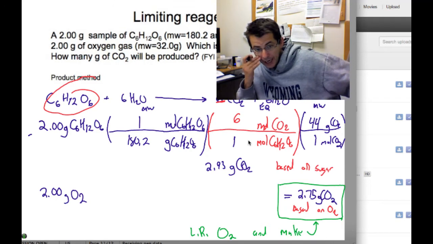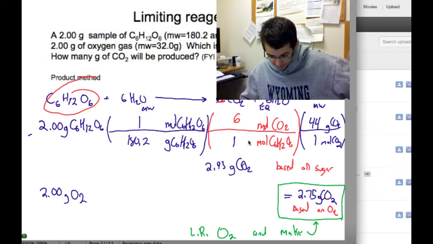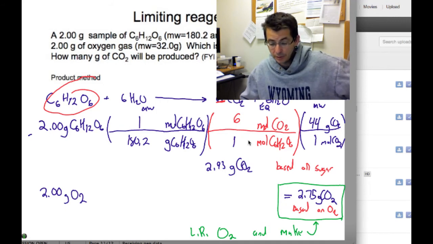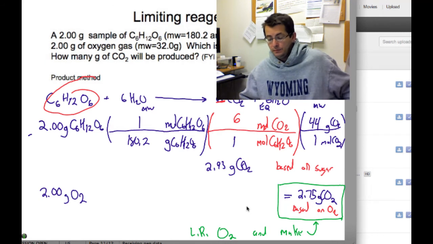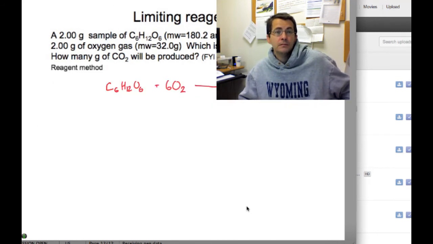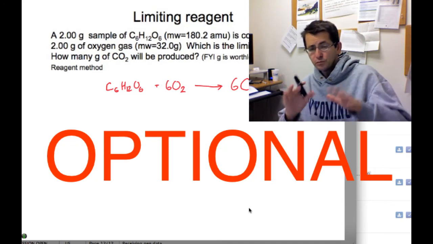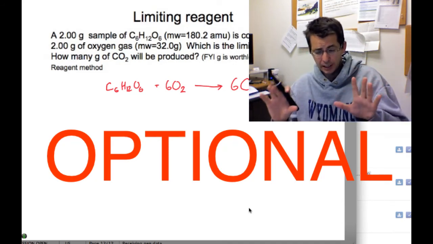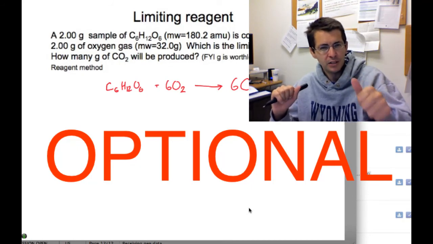So even though we have the same amount by mass, stoichiometry doesn't work out as well in our favor, and so the O2 is the limiting reagent. All right, you can hit stop right now, and you won't miss anything except some cool chemistry in action.